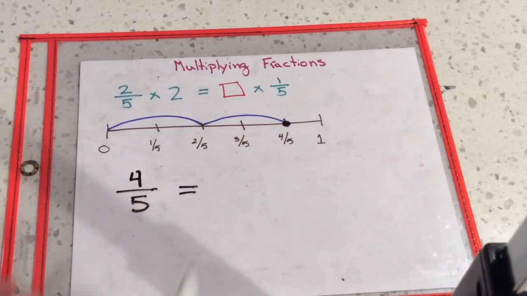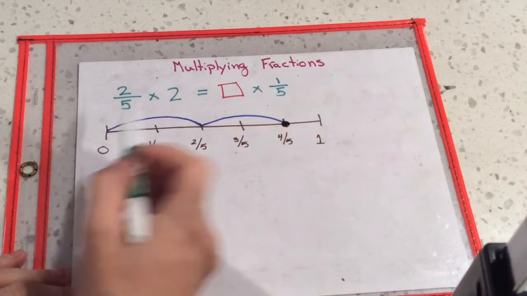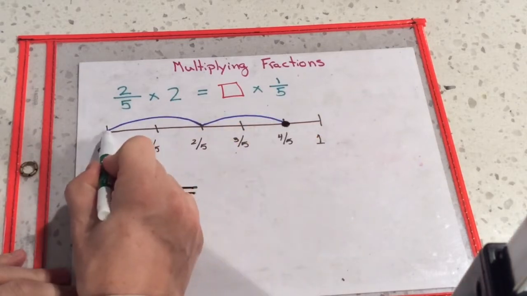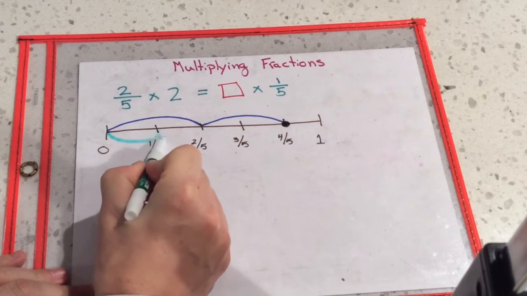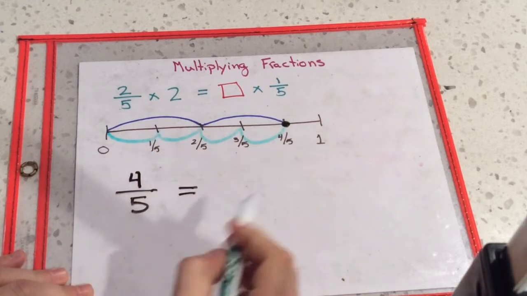So I need to figure out what times 1/5 will give me 4/5. To show that, I want to see how many jumps of 1/5. How many groups of 1/5 do I need to get to 4/5? There's 1, 2, 3, 4.